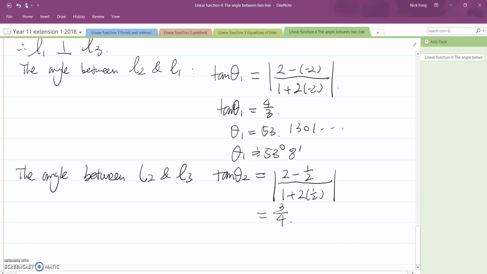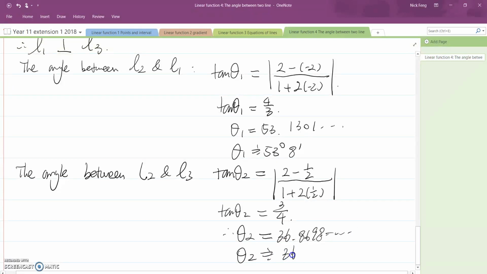So therefore tan theta 2 equals 3/4. Theta 2 is approximately tan inverse 3/4, which is 36.8698 degrees, and theta 2 is approximately 36 degrees 52 minutes.